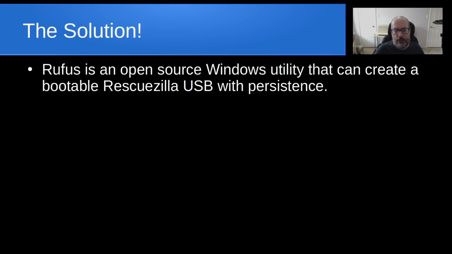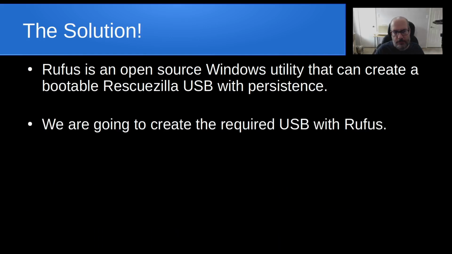Well, Rufus is an open source Windows utility that can create a bootable Rescuezilla USB, and it can provide that USB with persistence, meaning that you can reboot it and the data that you had in your previous session is still retained.